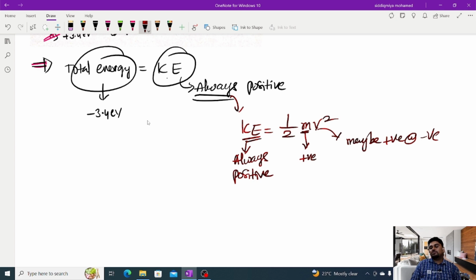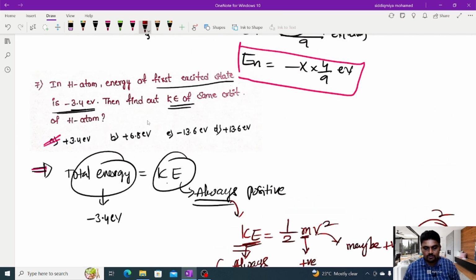If positive, positive square is positive. Negative square also gives positive only. That's why kinetic energy never can be negative. It is always positive. This one you have to remember. And the problem is also very important. In hydrogen atom, energy of first excited state is minus 3.4, then the kinetic energy is plus 3.4.